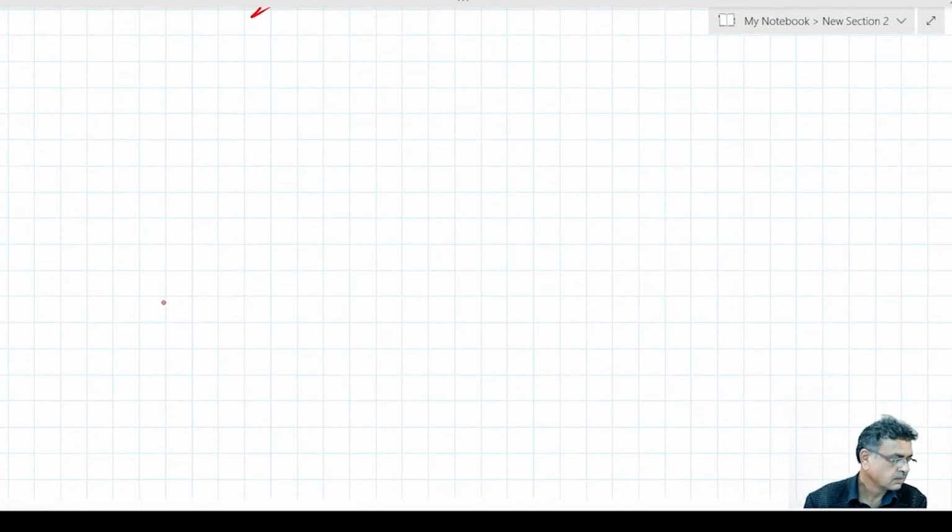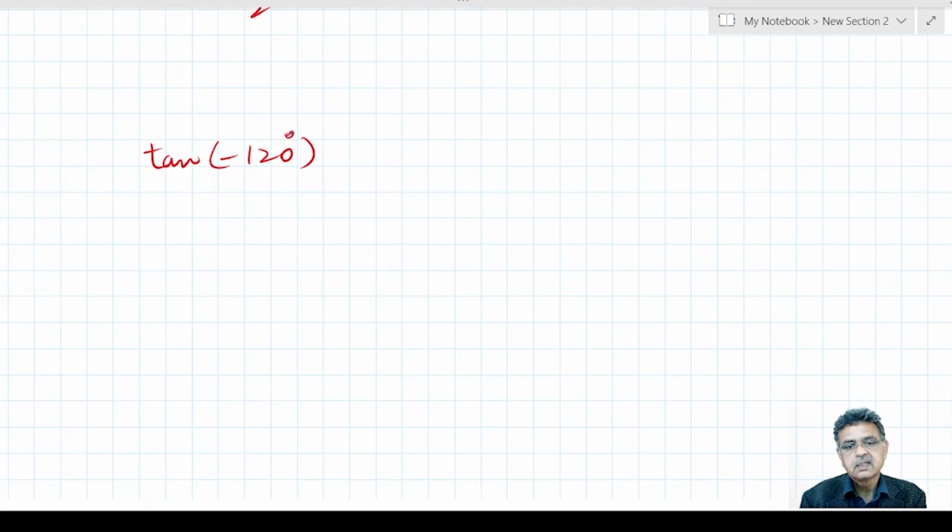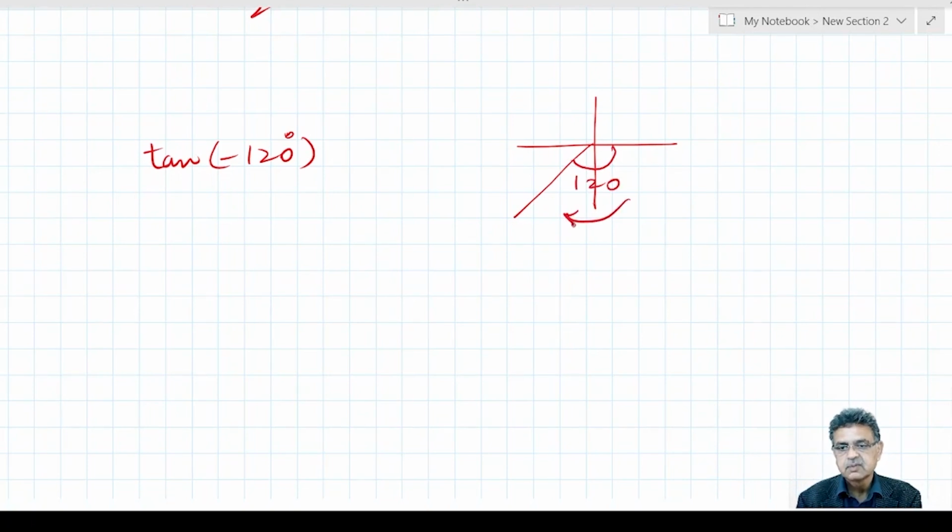Okay. Tangent minus 120 degrees. Whatever it is, negative or positive, you have to decide which quadrant it is in and what its basic angle is. This is 120 degrees negative. It is moving clockwise, starting from the same positive x-axis.